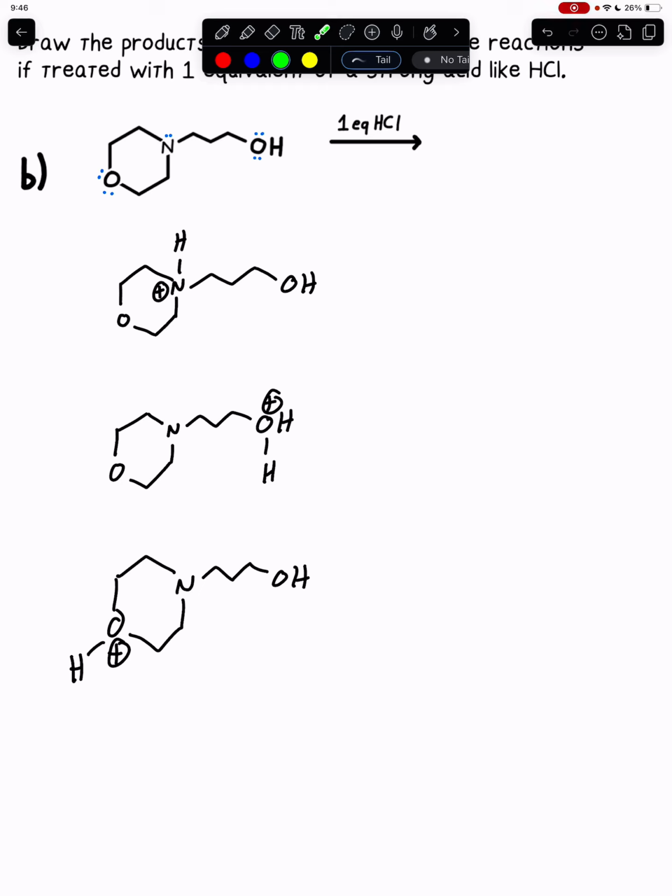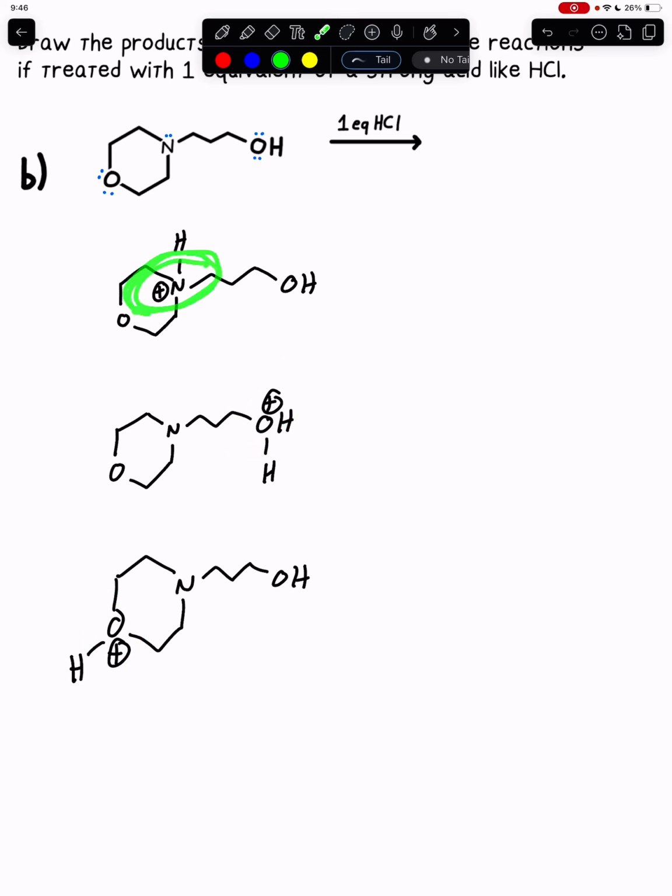It's the one that's going to handle the resulting positive charge the best. So in each of these, we have one unit of positive charge. In two of these, we have that positive charge on the oxygen. And as we already said, oxygen is more electronegative. We already know from the top it's not going to send its electrons out to pick up that proton as easily. But now we also know it's not going to handle the positive charge as well because it's more electronegative.